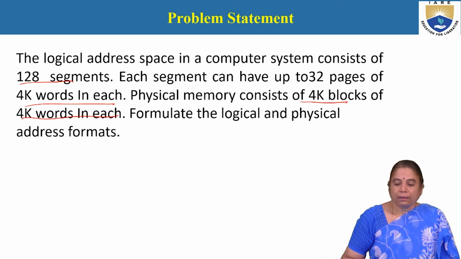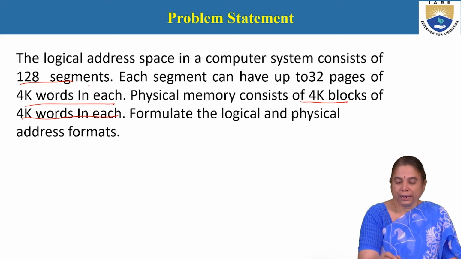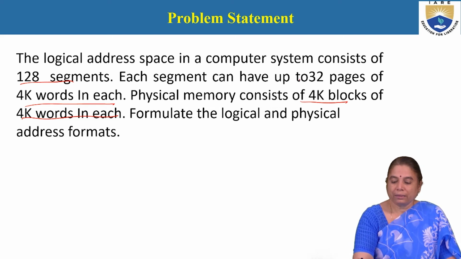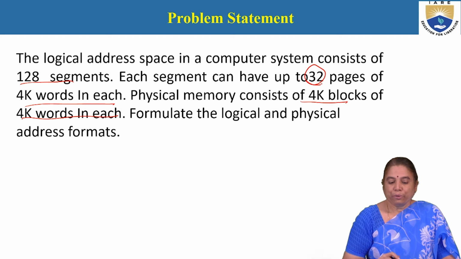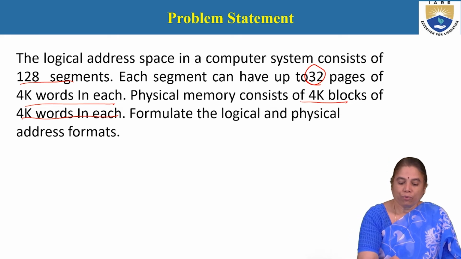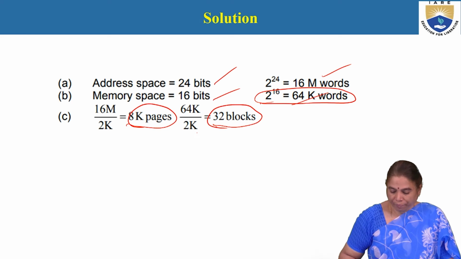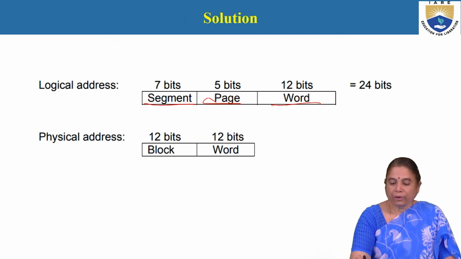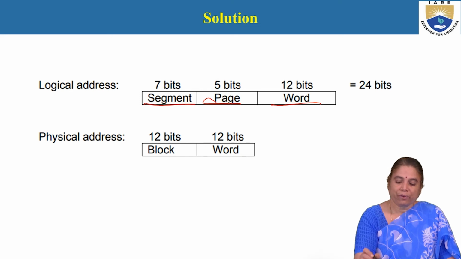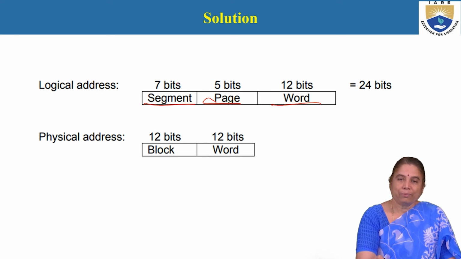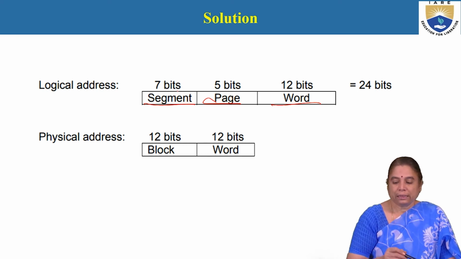So here there are 128 segments. Each segment has up to 32 pages of 4K words. To represent each, 12 bits are required for the word, and to point to the page 5 bits can be used. With 128 segments, 7 bits are required to locate the segment.